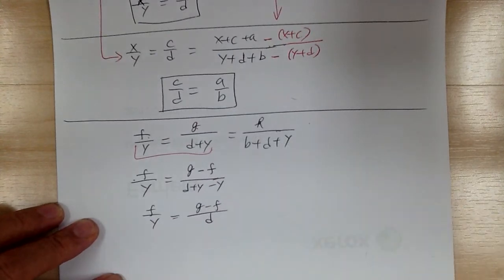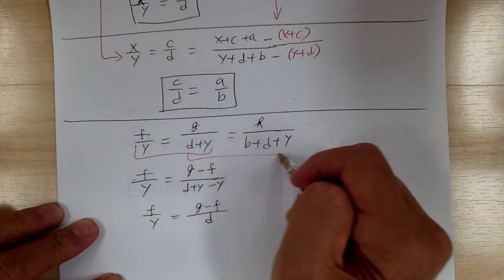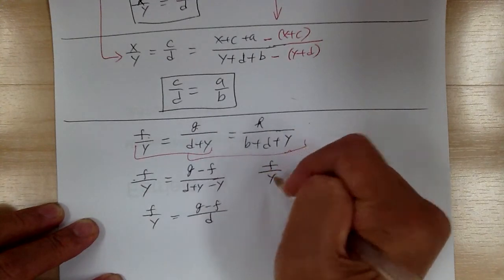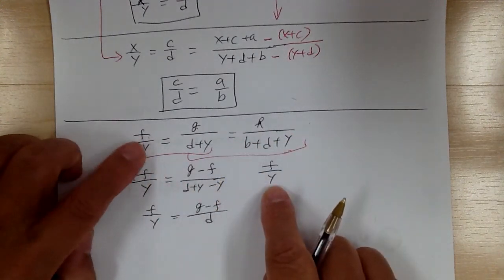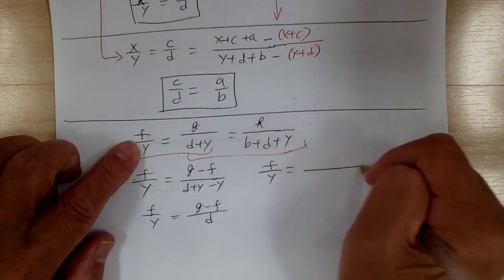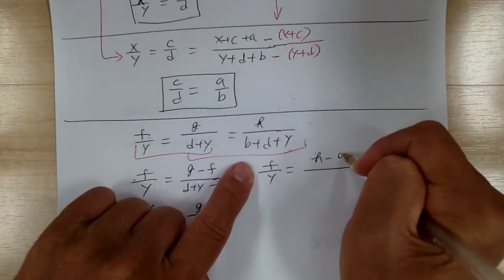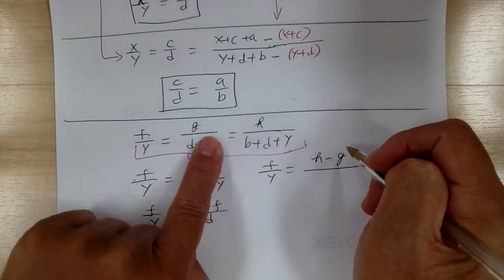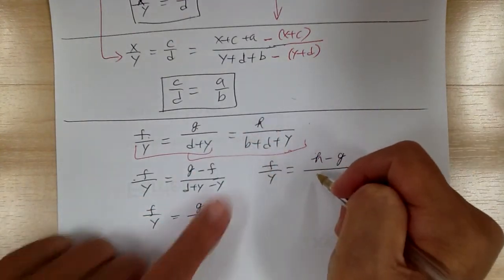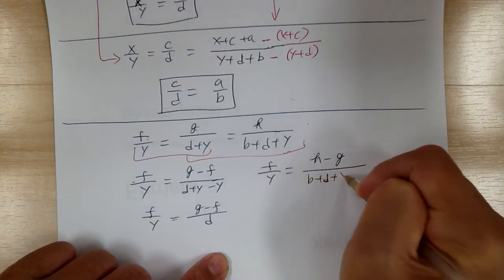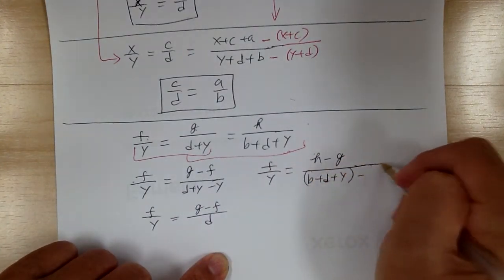Okay. Now I'm going to do the same thing. I'm going to use this tool now. Okay. So again, I'm going to have f over y. I'm keeping one of the fractions, and I'm going to have h minus g. So I'm going to use this minus that. So that means on the bottom, I need to use this minus that. So I get b plus d plus y minus d plus y.